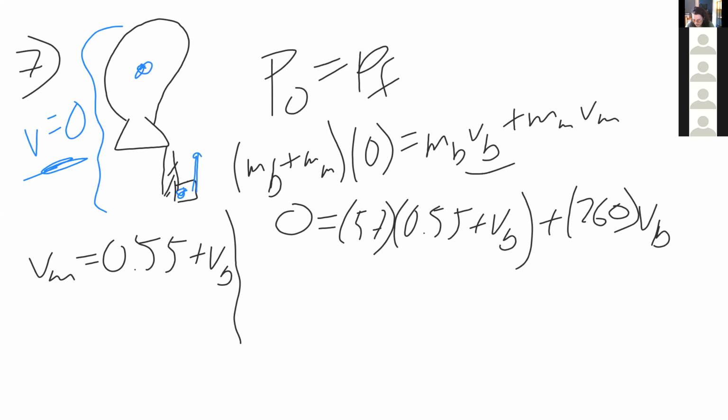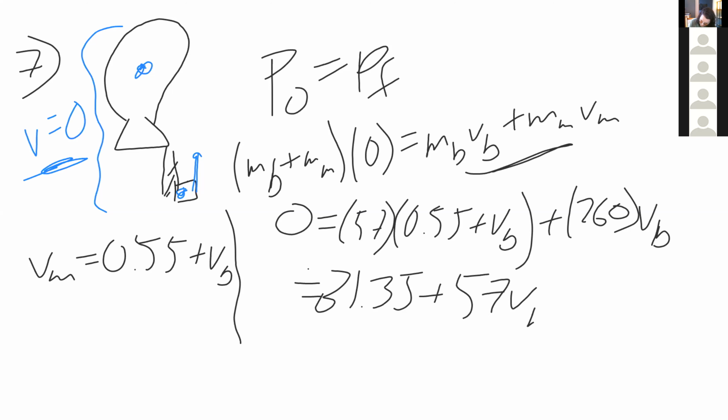All right, so go ahead and distribute here. 57 times 0.55 is 31.35, plus 57 times v sub b plus 260 times v sub b.